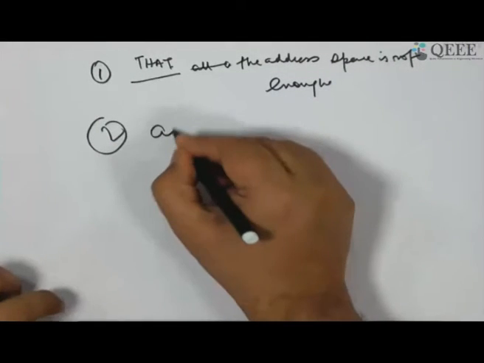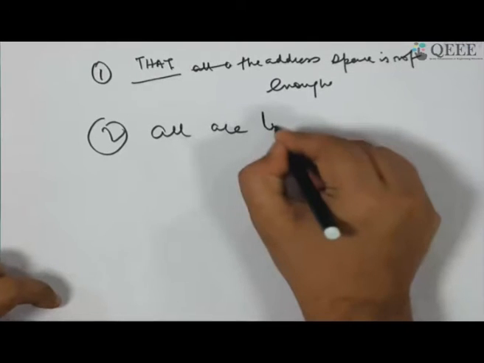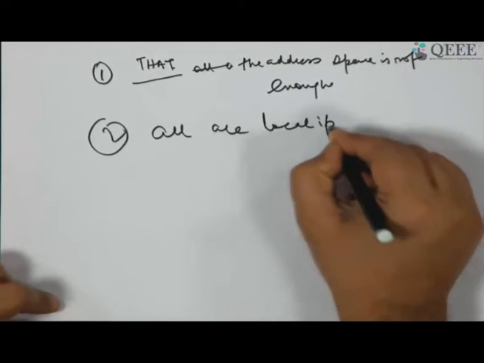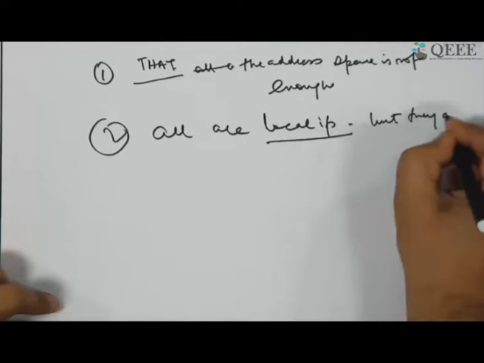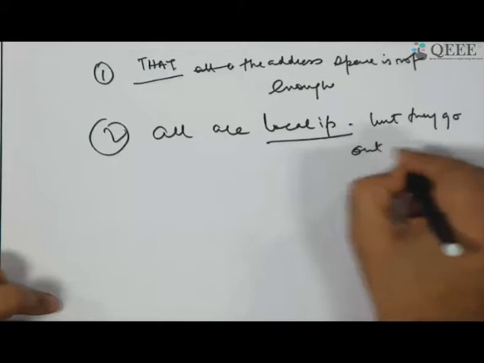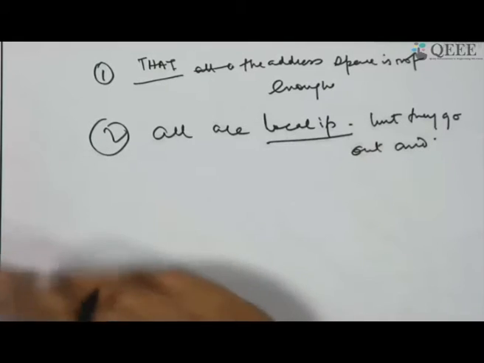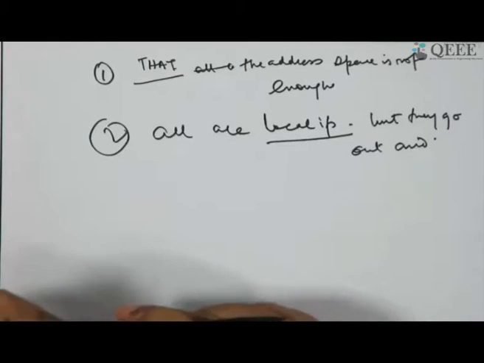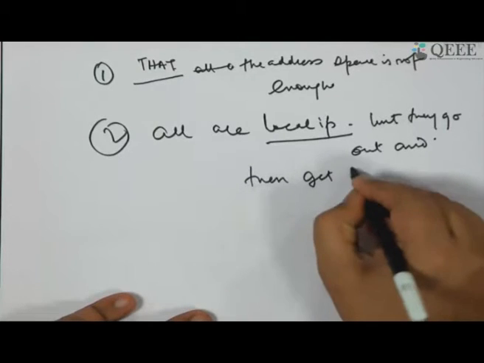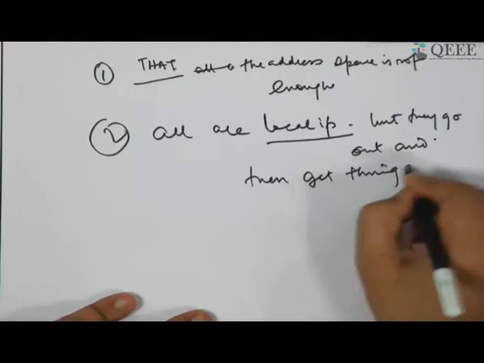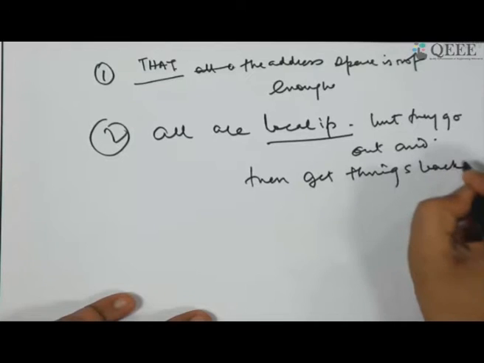Number two, if you see in your college etc., all are local IPs, but they go out and then get things back. How?